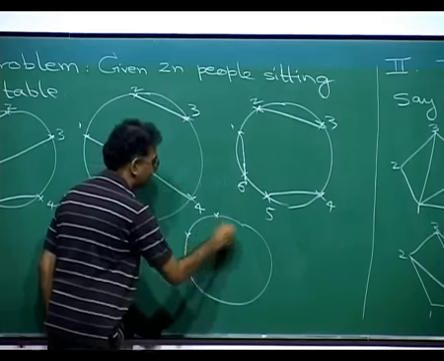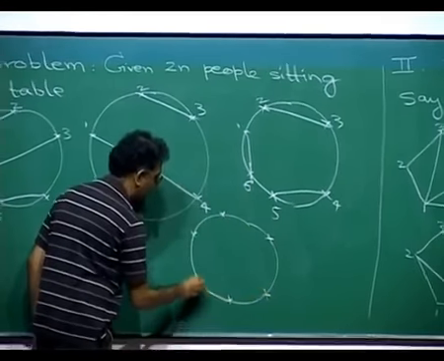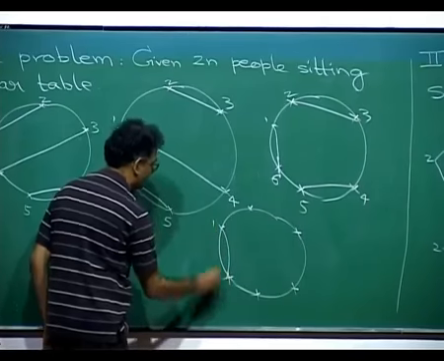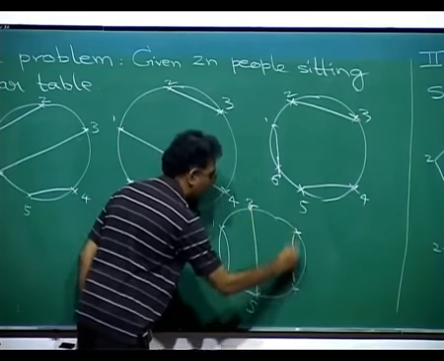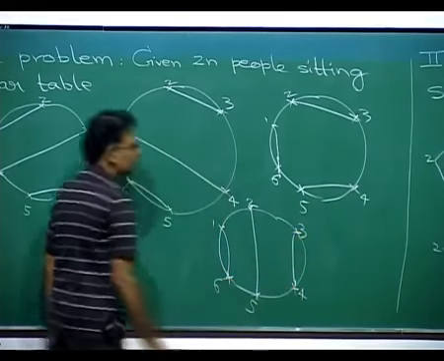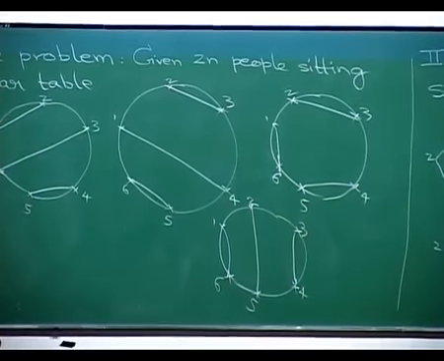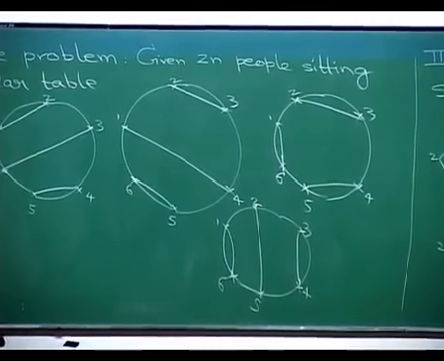Or finally 1 with 6, 2 with 5, and 3 with 4. And these are all. These are the only ways in which the problem, as I stated, can be solved.